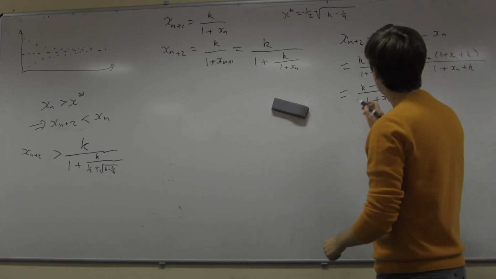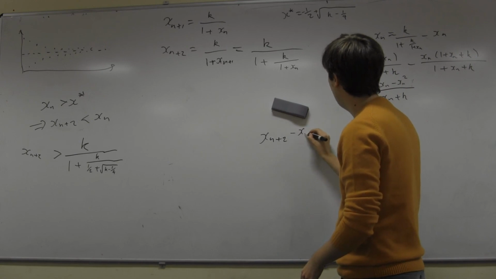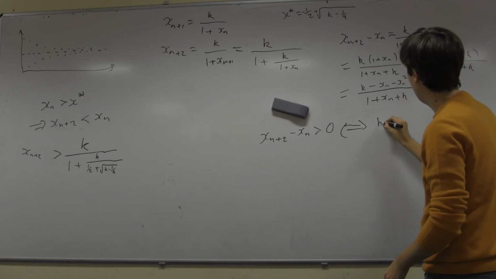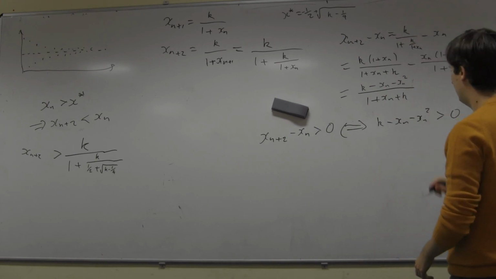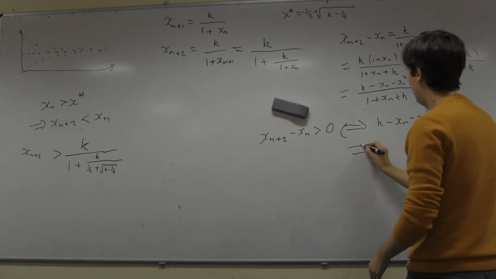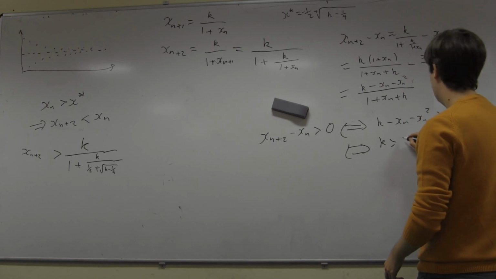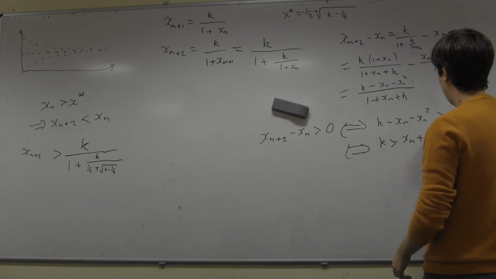So xn plus 2 minus xn is greater than 0 if and only if k minus xn minus xn squared is greater than 0, which is true if and only if k is greater than xn plus xn squared.